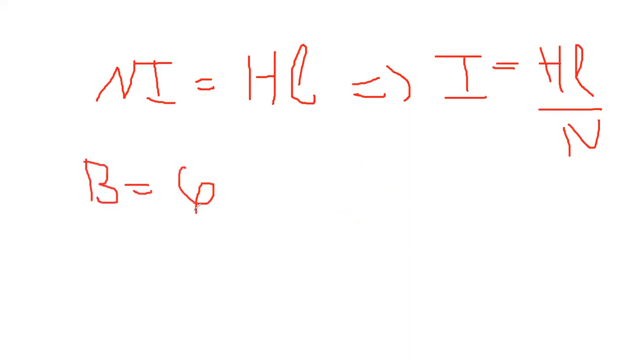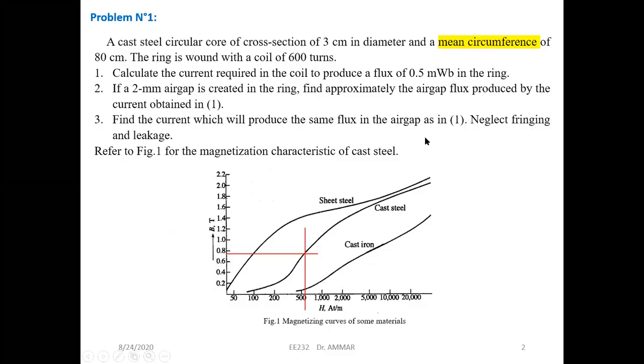B equals phi over A. Okay, and we are required to achieve a flux of 0.5 milliweber. So we are going to find the B corresponding to this value of the flux, and B equals phi over A. A is the cross section, equals what? Okay, let's go back to the presentation. We have a ring with a diameter of 3 centimeters.